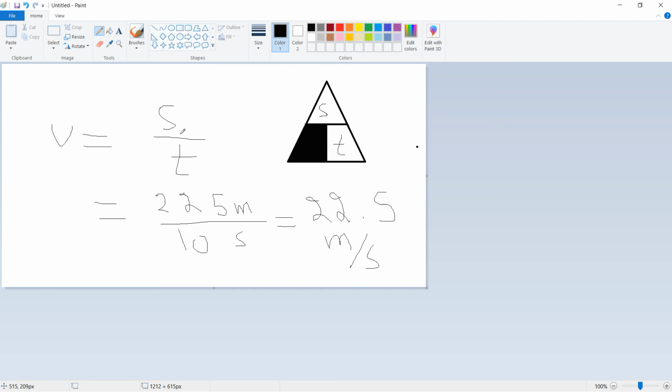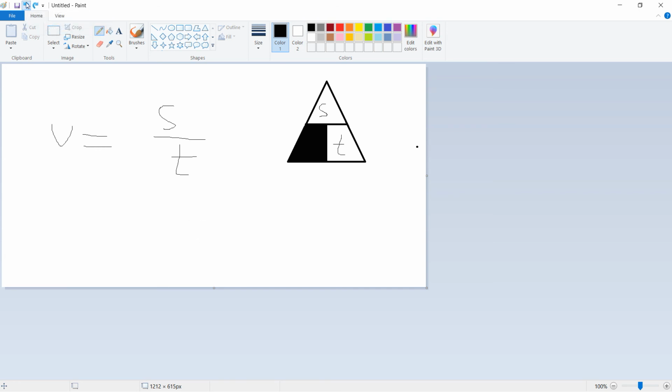Is it hard? Just remove the distance and put the value of the distance, and then remove the time and put the value of the time. Is it clear? So let's solve the second problem.